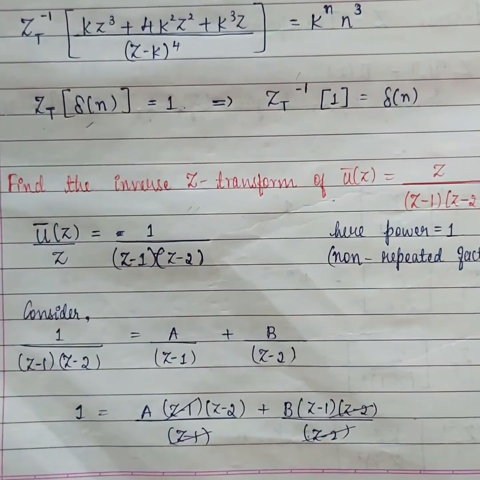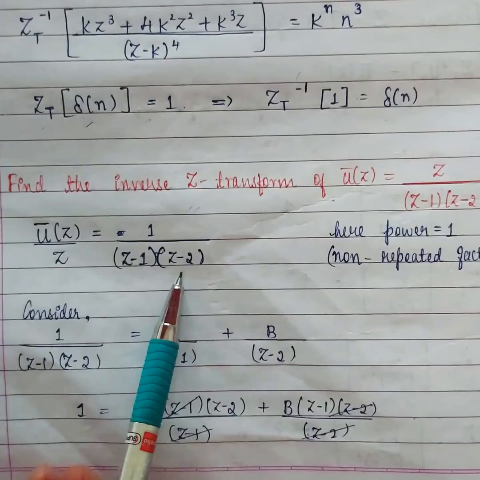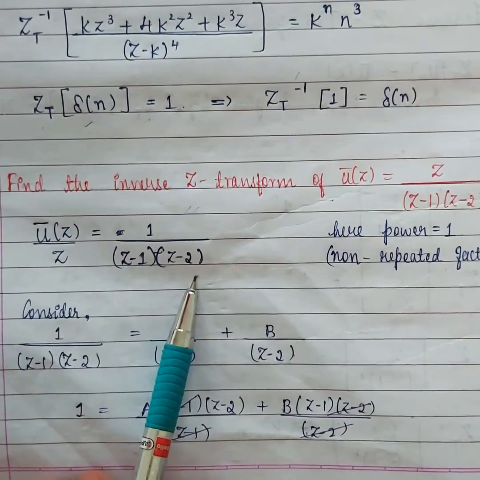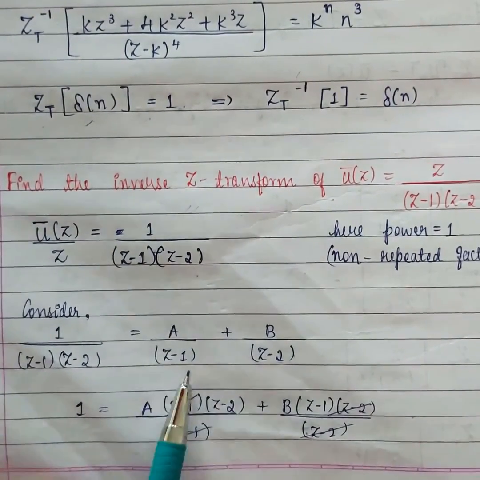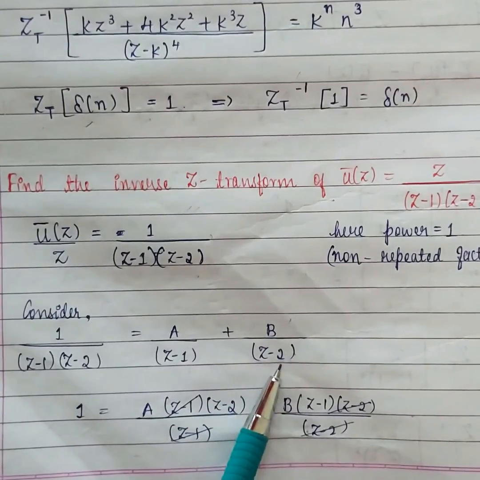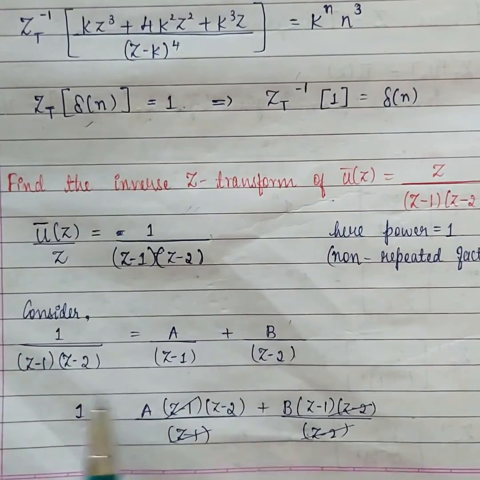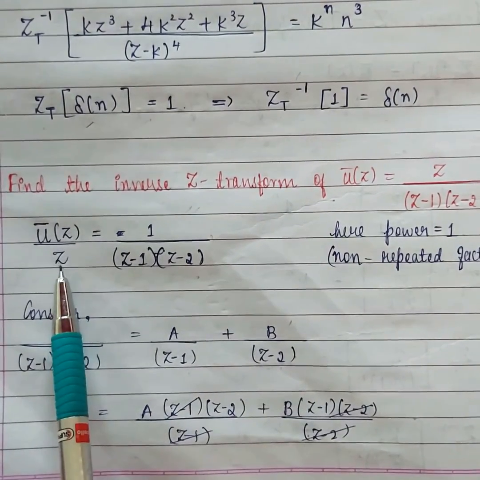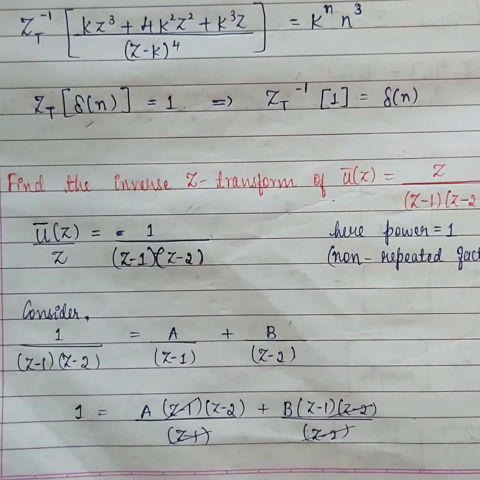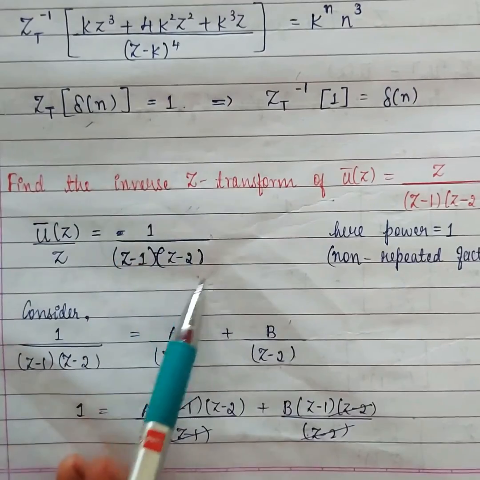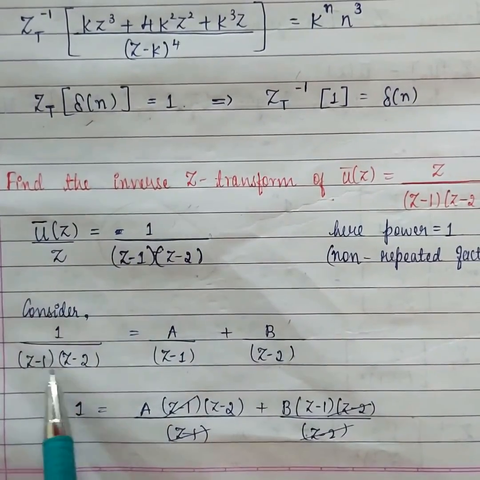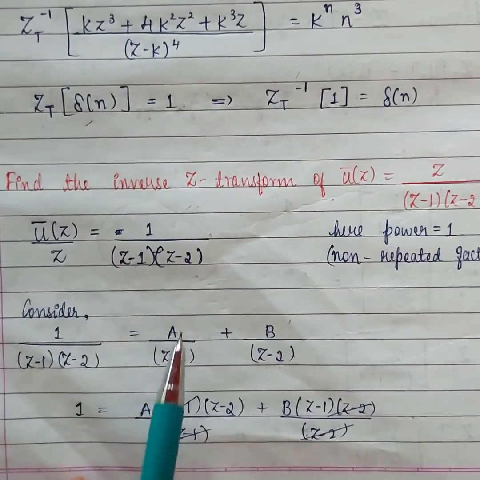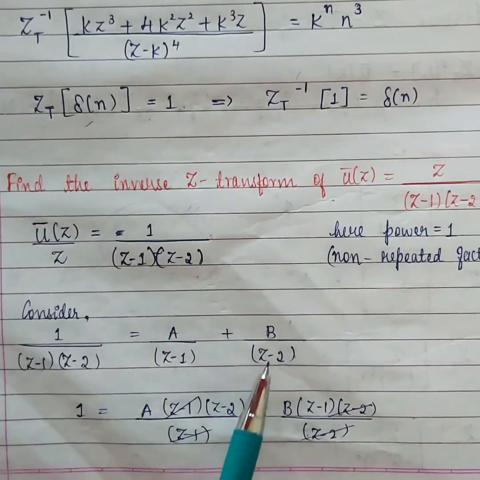So eventually what I am going to do is resolve it into partial fractions, a by z minus 1 plus b by z minus 2. I will find a and b. Then whichever z is there on the other side, I will push it to the numerator to the formula format. Now for the time being, I am taking this as a separate problem. 1 by z minus 1 into z minus 2 is equal to a by z minus 1 plus b by z minus 2.